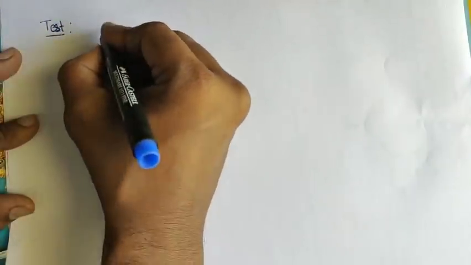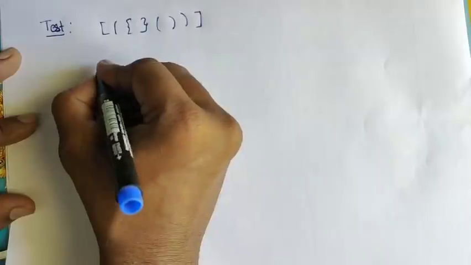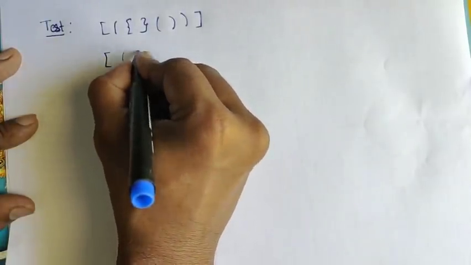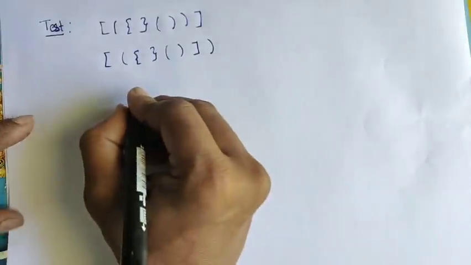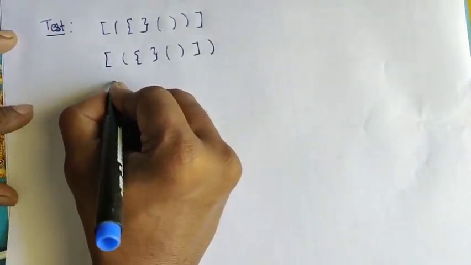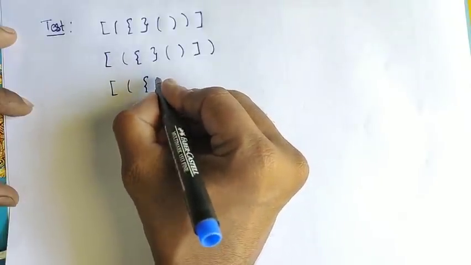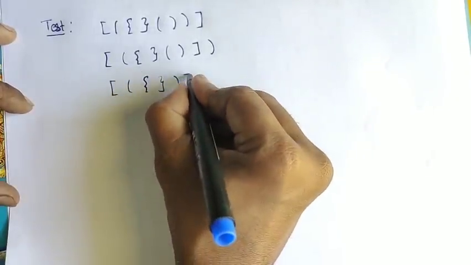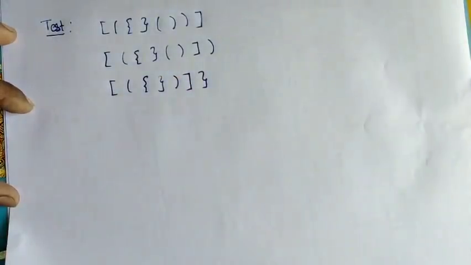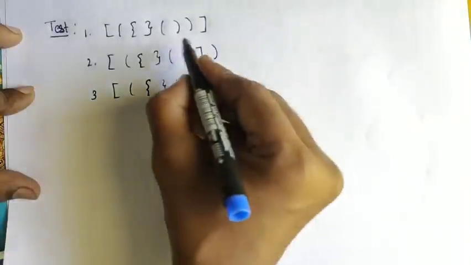Test the algorithm with these inputs, for example 1, 2 and 3. You trace the algorithm yourself.